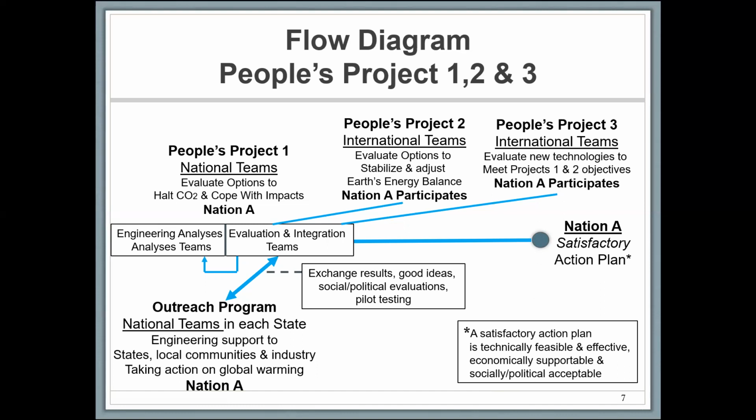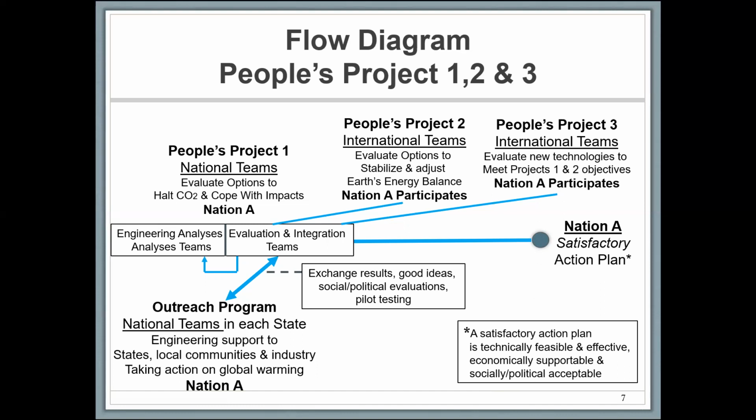People's Project 3 will evaluate new technologies currently in R&D to meet Project 1 and 2 goals. Again, international teams will be used with all nations working together to evaluate new technology options. Results will again go back to each nation for evaluation and integration.